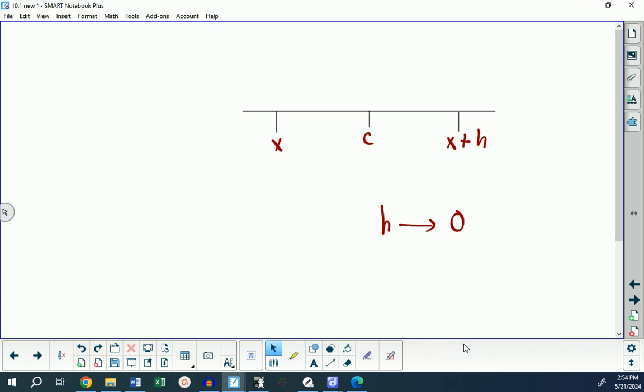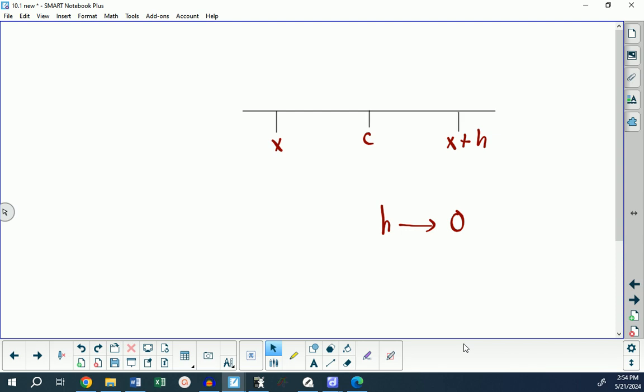I want to go back and talk now about the fact that c is always between x and x plus h. It doesn't matter how close x plus h is to x. c must be sandwiched between x and x plus h. In fact, the theorem we're using to finish this is called the sandwich theorem or the squeeze theorem.